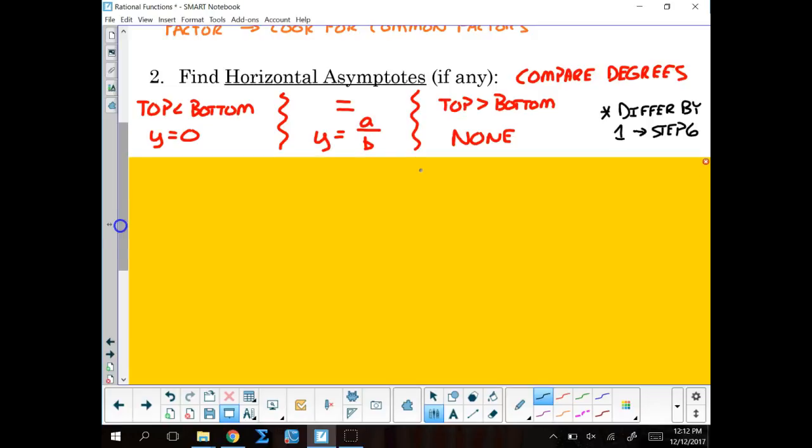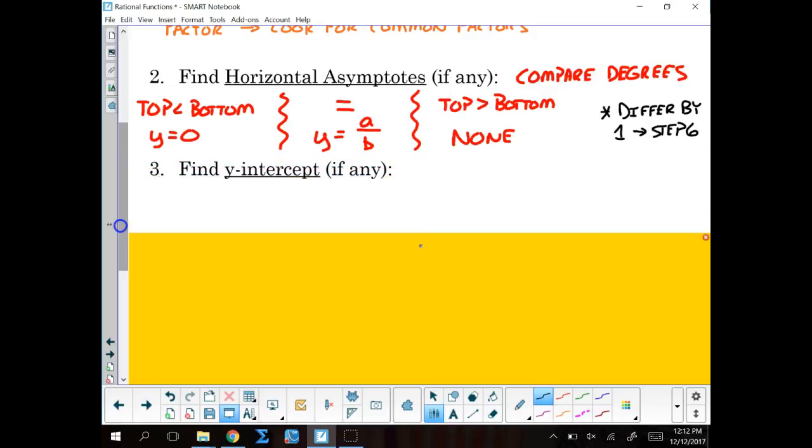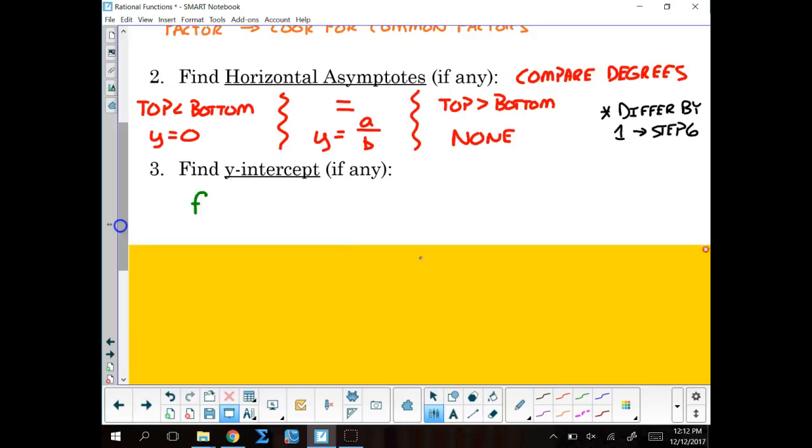What's the next one? Step 3? Find the y-intercept. How are we going to find the y-intercept? We find f of 0 basically. And what's it going to look like? 0 comma something, and it's going to be a point.